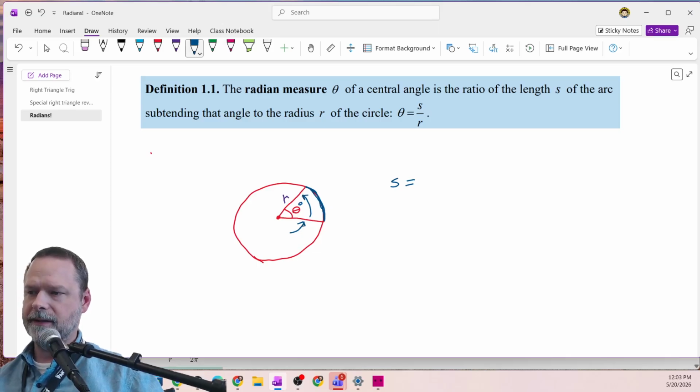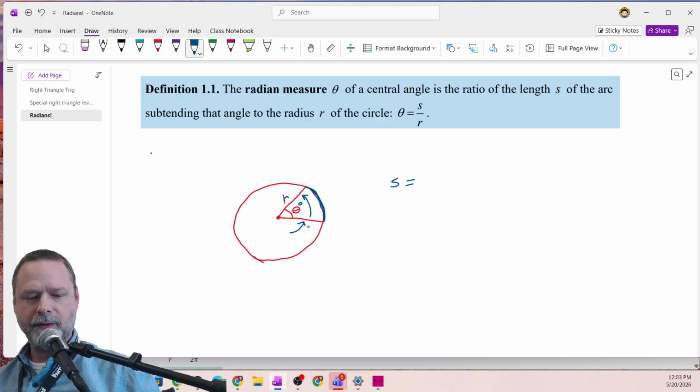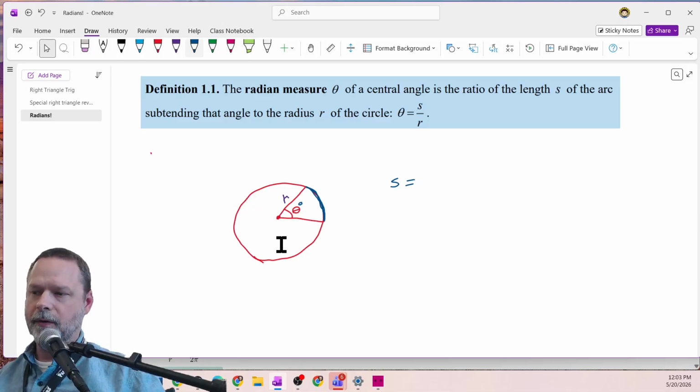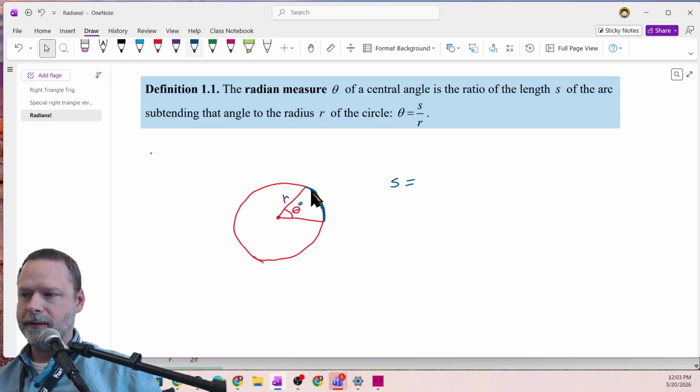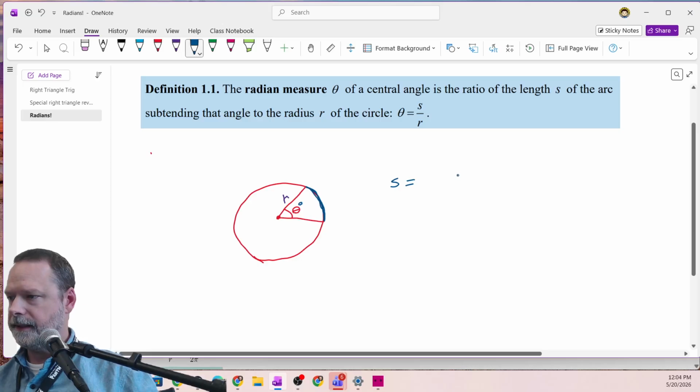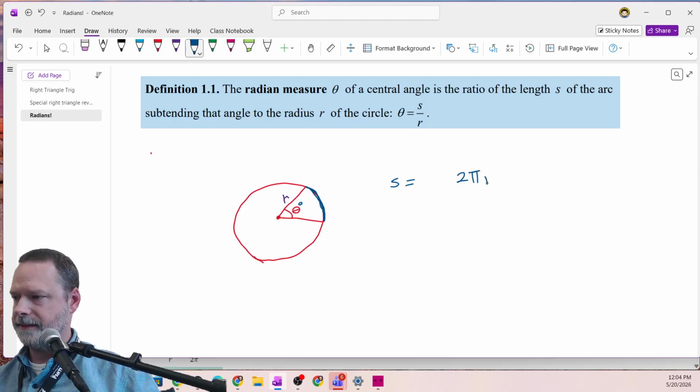If we go 360 degrees, then we know we've gone all the way around, and we won't have an arc. We'll have the entire circumference of the circle, which is 2 times pi times the radius.